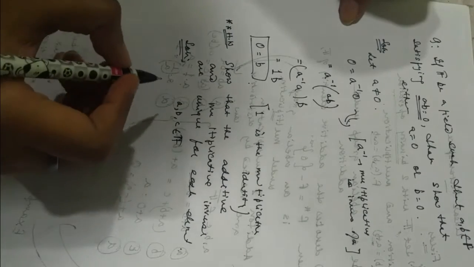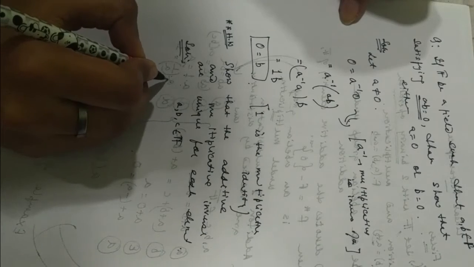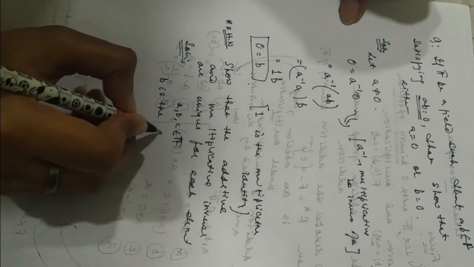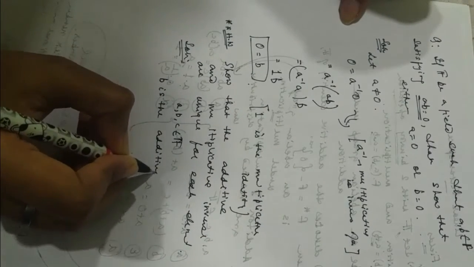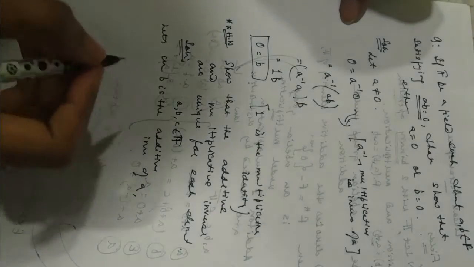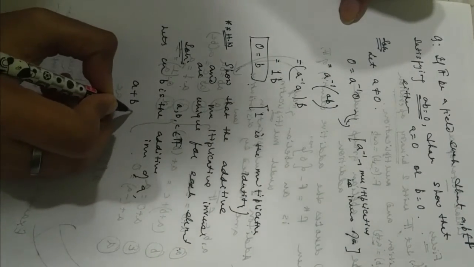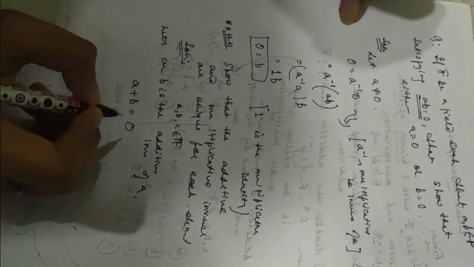Now additive inverse, by additive inverse, what do we mean? Let's consider B is the additive inverse of A. If that is the case, that means A plus B is equal to 0, right?